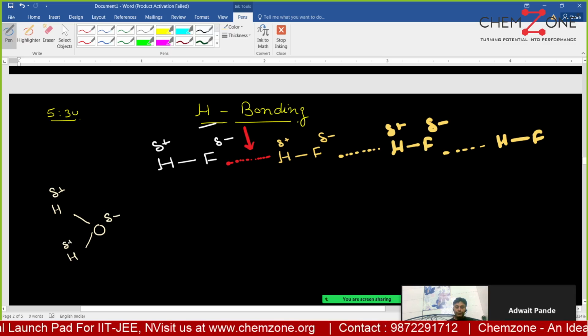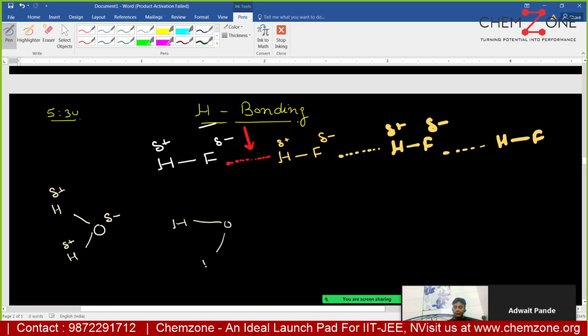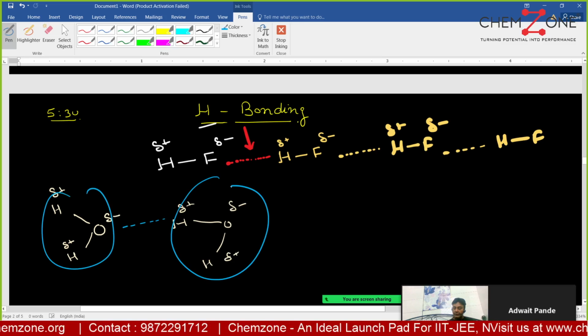Right? Now I'm drawing one more structure of the water molecule. It is again polar. The hydrogen atom of one molecule and the electronegative element of another molecule. This is one molecule, this is another molecule. Between the two, there is a bond that is called a hydrogen bond.